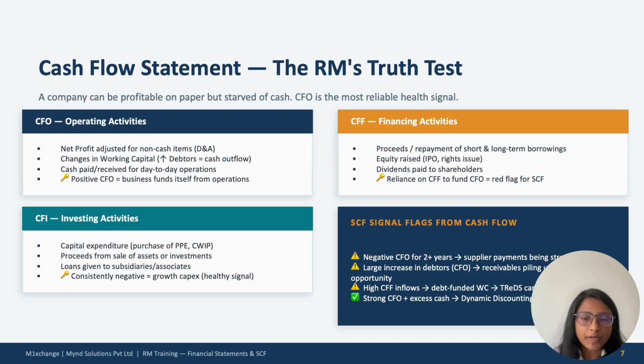So any capital expenditure, for example purchase of plant or machinery, or any capex, or any proceeds from sale of assets, or any loans to subsidiaries, these will all come under your cash flow from investing. If it is consistently negative, then it is a healthy signal, which means the business is growing and investing in capex.